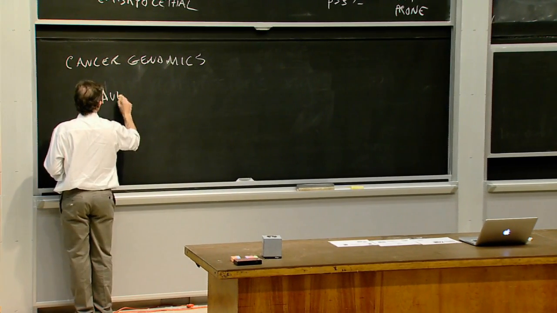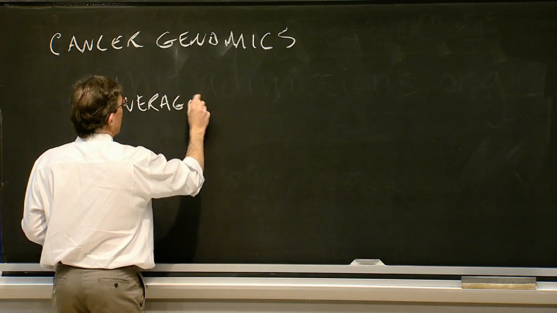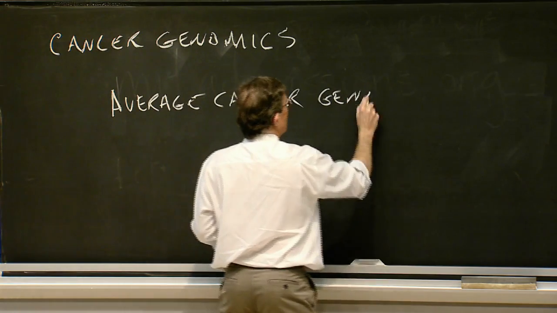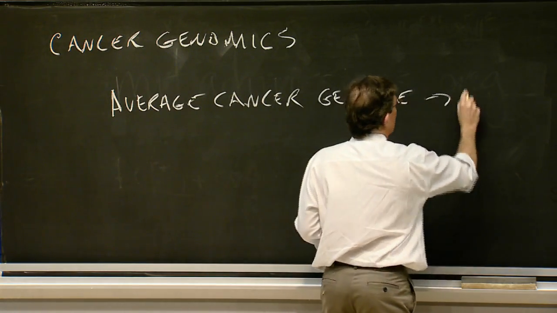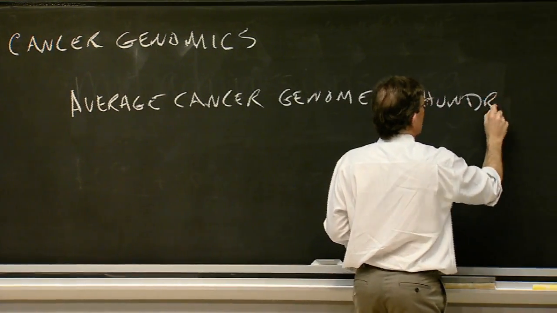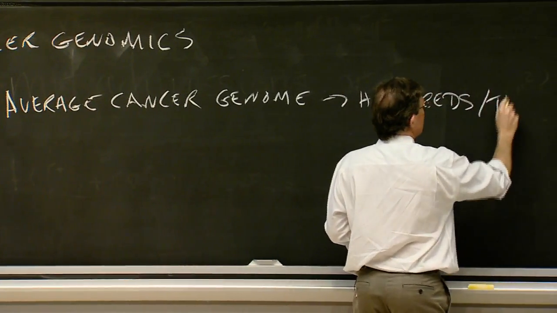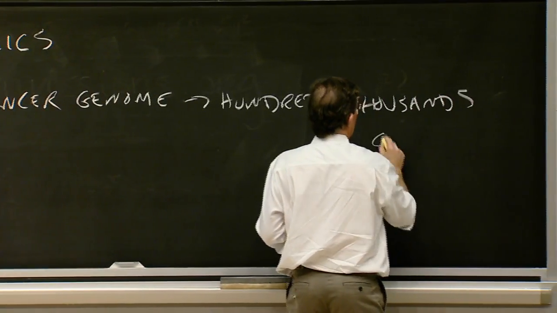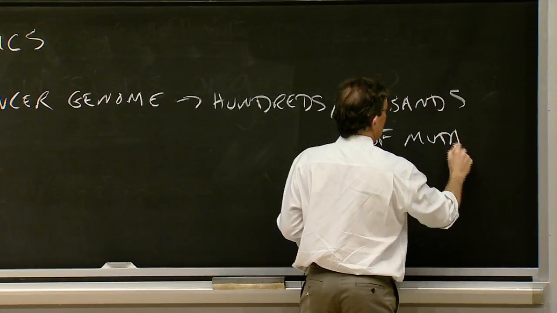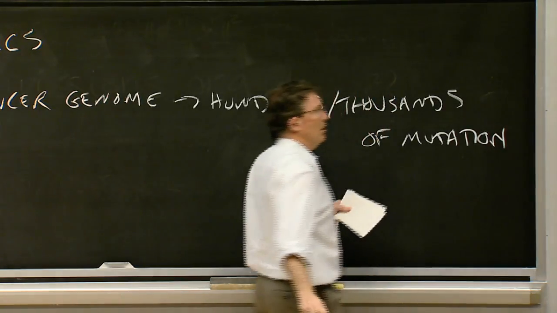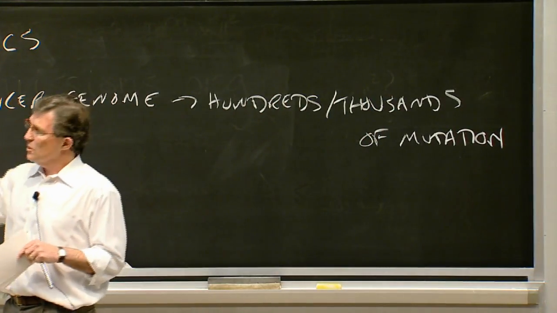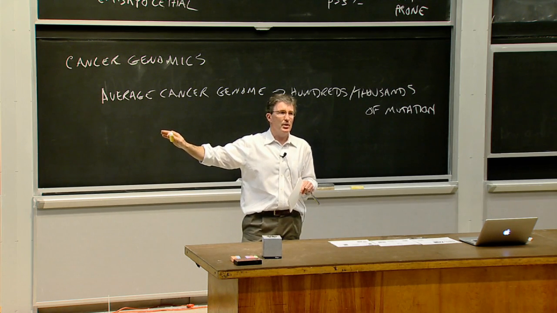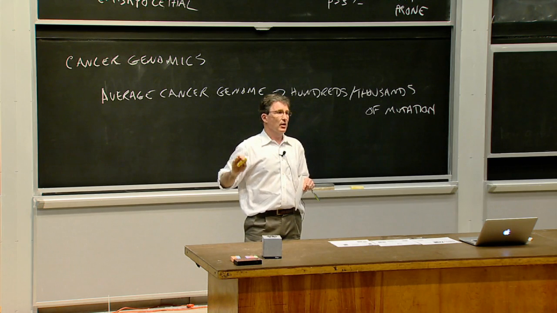And although there are differences depending on the cancer type, the average cancer genome actually has hundreds and sometimes thousands of mutations. Small cell lung cancer, for example, has tens of thousands of mutations compared to normal cells of the lung.